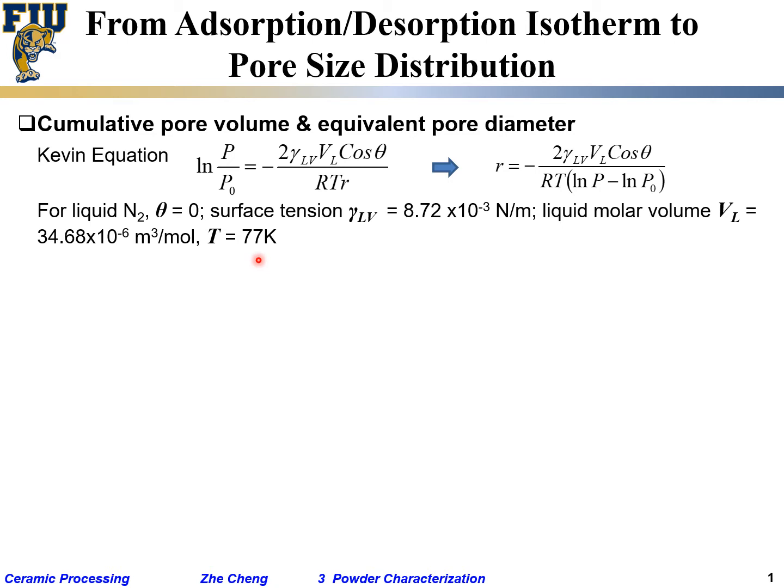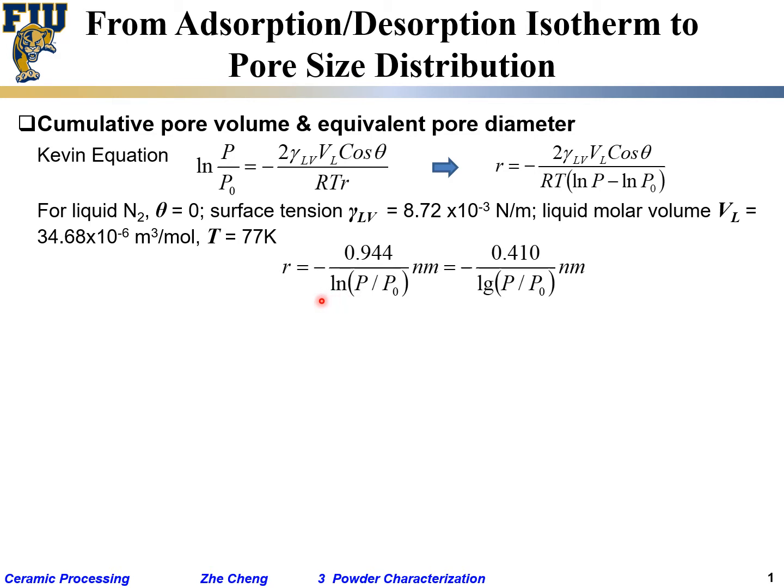Once we plug these numbers into this equation, cosine theta is 1, we have VL, we have gamma LV, we have R, and T is 77. So essentially, we would have something like this. We plug the numbers in and simplify it.